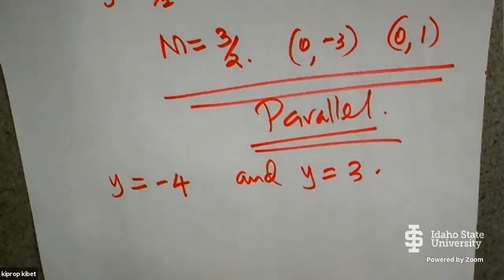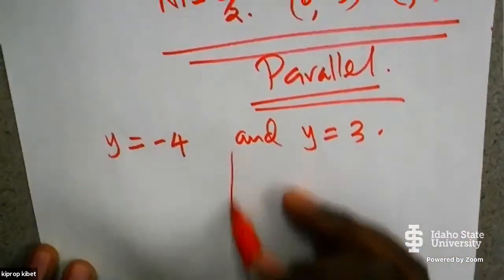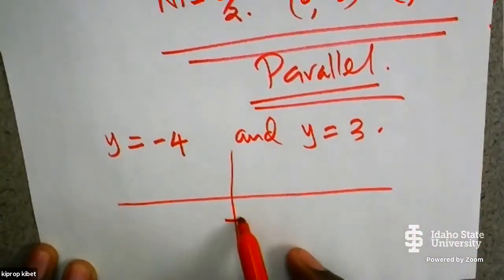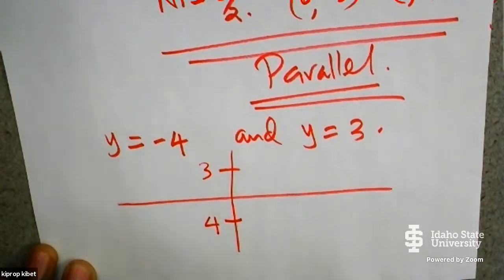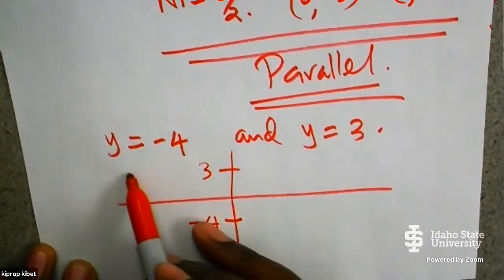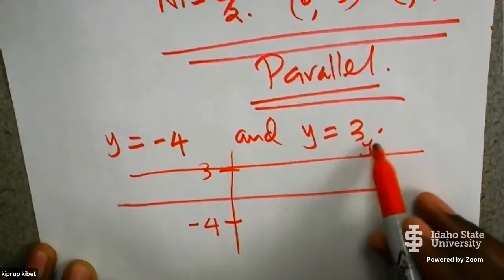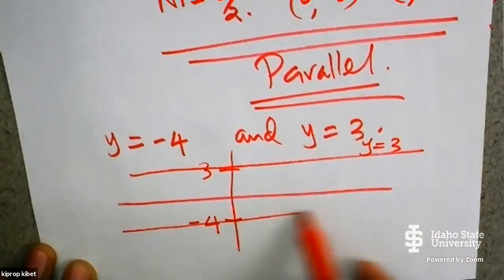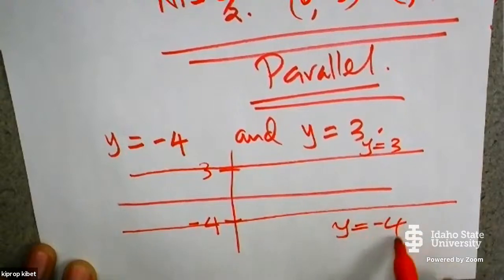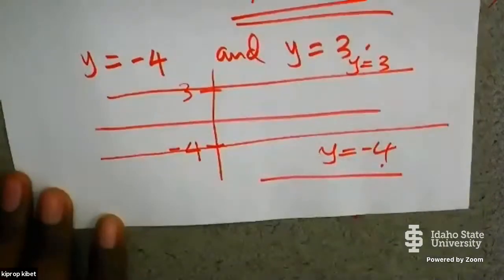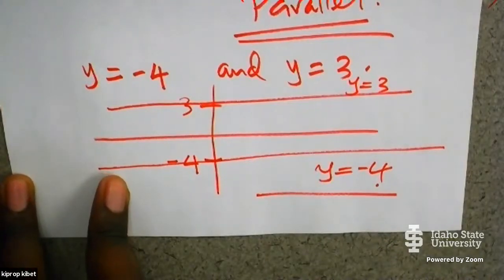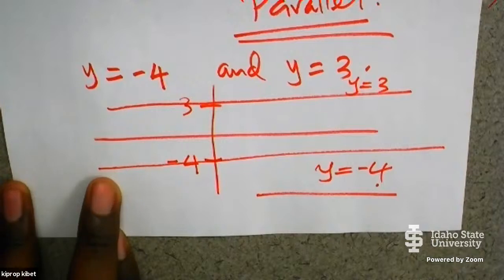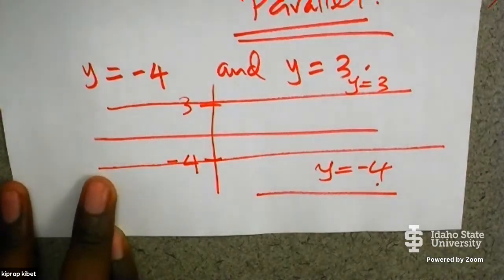So they are not meeting at all. So they are just going like this. Let's say this one is 3 and this one is -4. They will never meet. So those are parallel lines. These are horizontal lines.